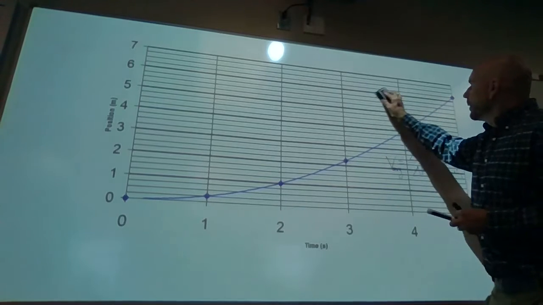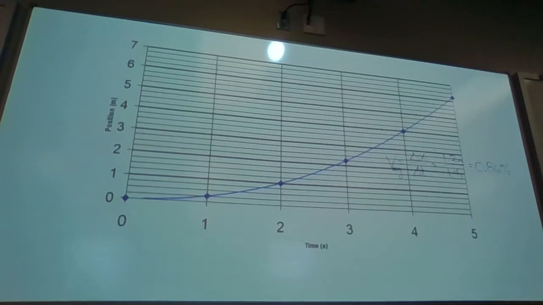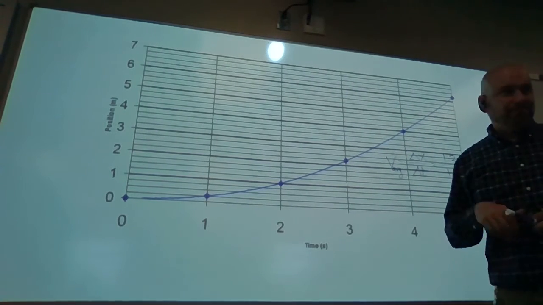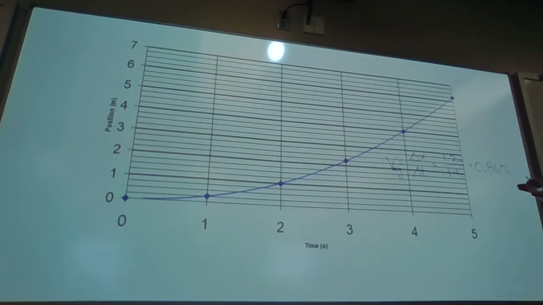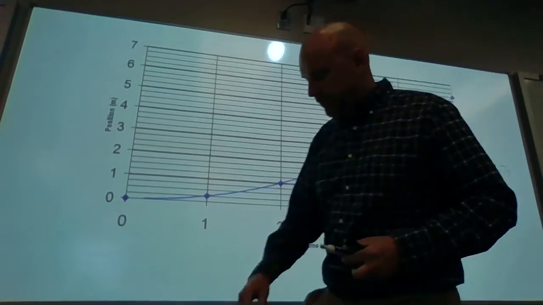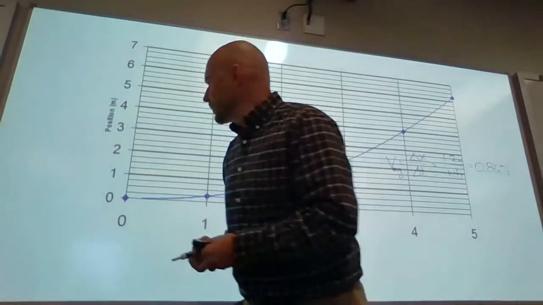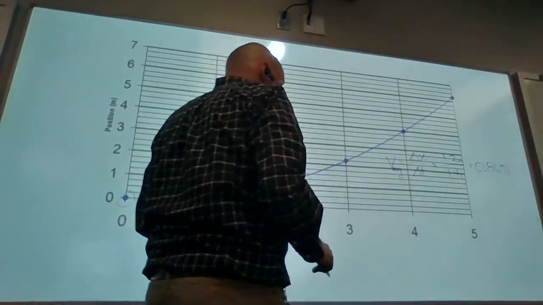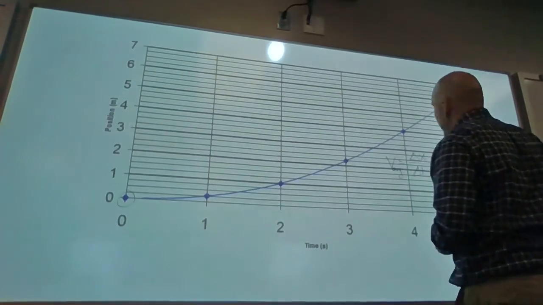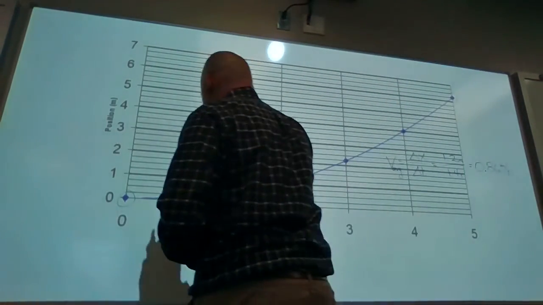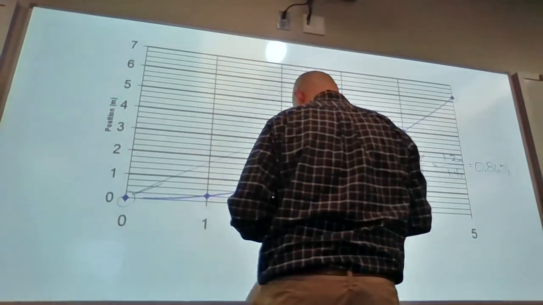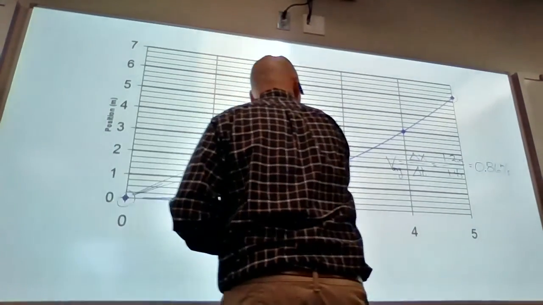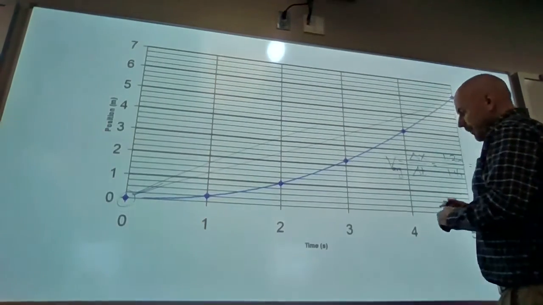Speed up in the positive direction. Good job. When we do this, we're saying, here's our initial point and here's our final point, and we are finding the slope of that line.